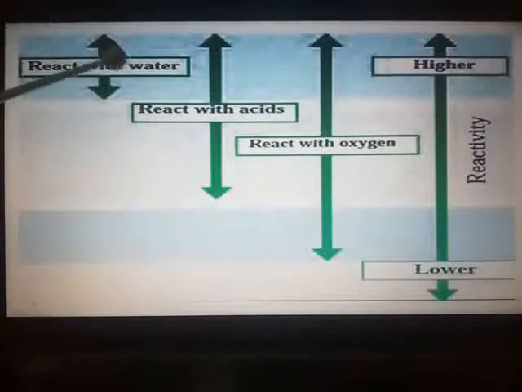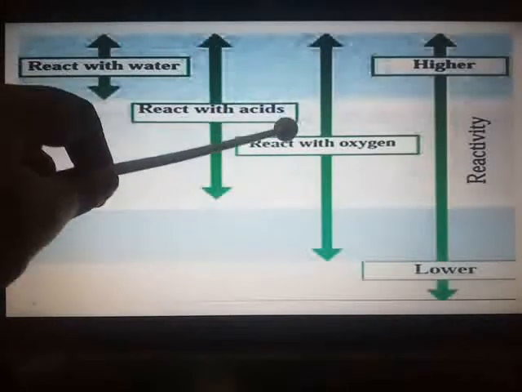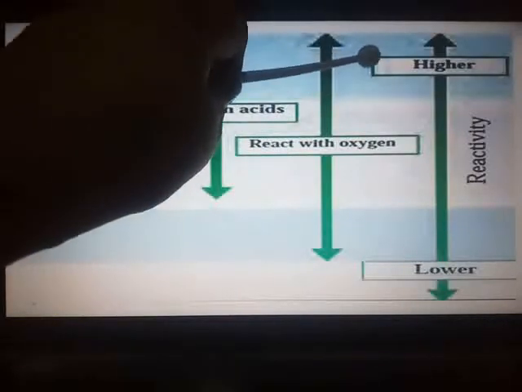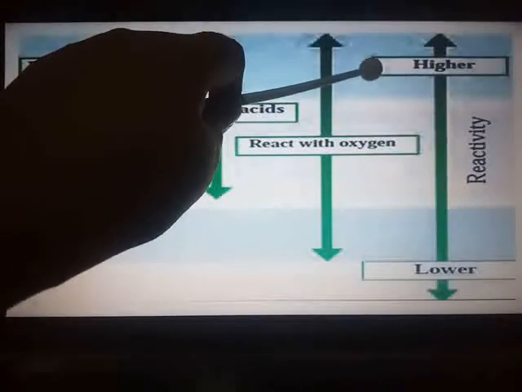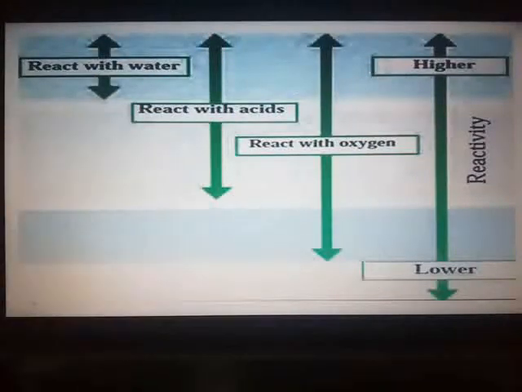And then how they react with water, with acids, with oxygen. The ones on the top are highly reactive and towards the bottom are low reactive. So this chart can be asked in the exam and then you have to identify or categorize the metal and put them in their proper group.